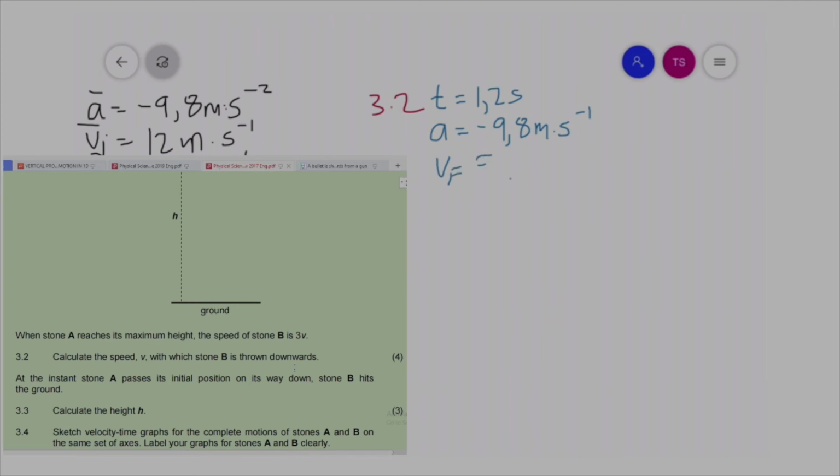Now at the same time, concurrently, as stone A reaches its maximum height, we have our final velocity for B, which is 3v, right? And then its initial velocity is what?